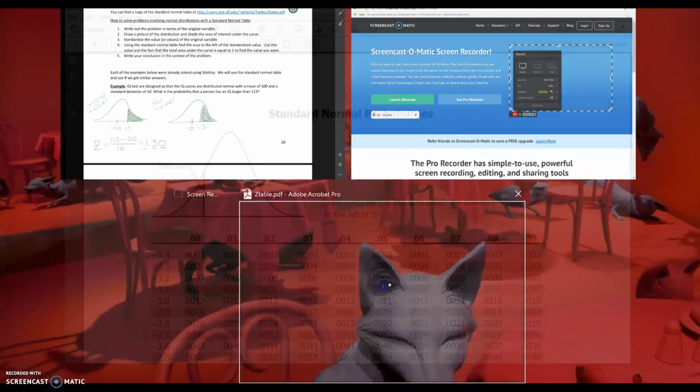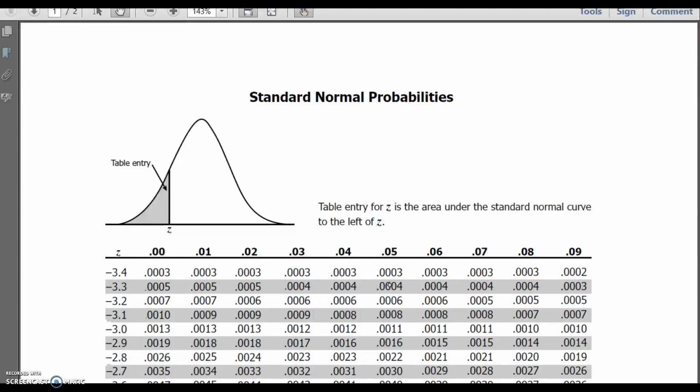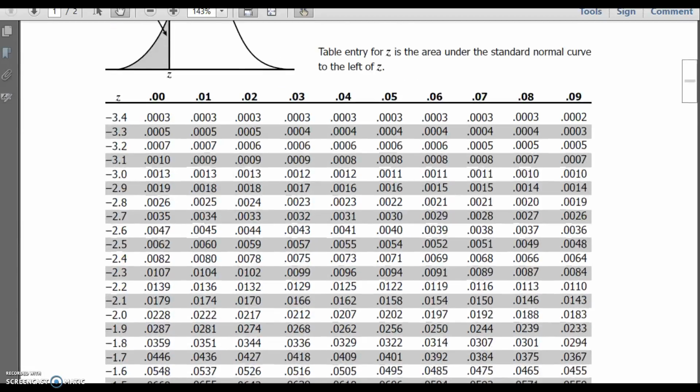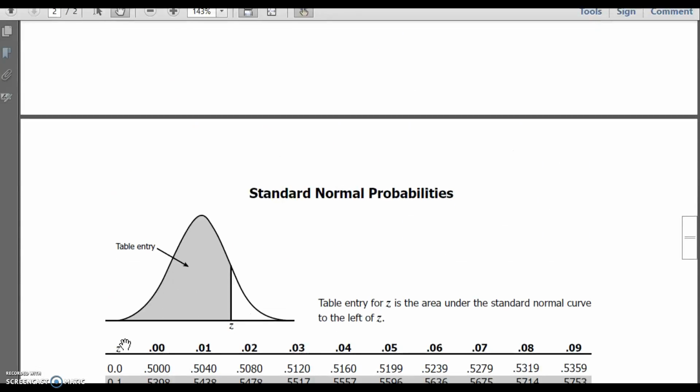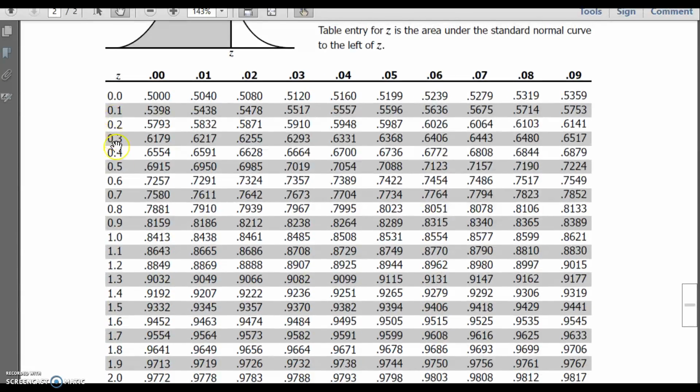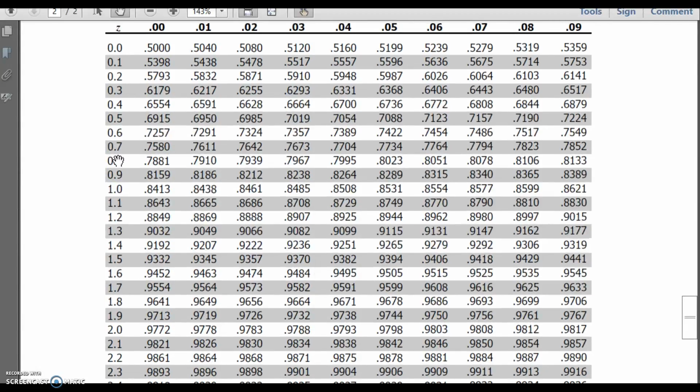Now let's go look at our normal table. Our normal table gives us the area to the left of any value. The z values are listed along the left-hand side, and remember, we're interested in 1.30. These are all negative, so we keep going, and if you scroll down to the next page, we start to see some positive values.